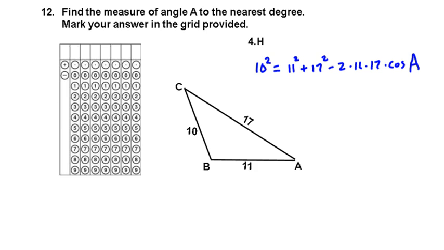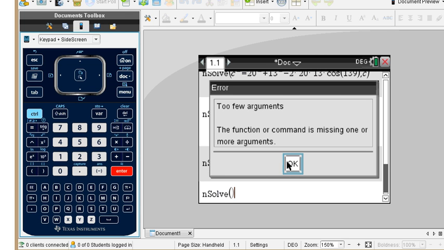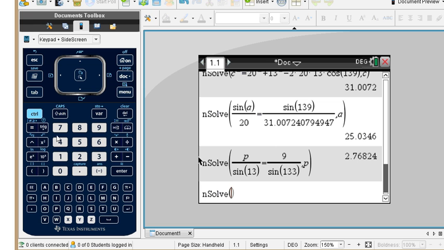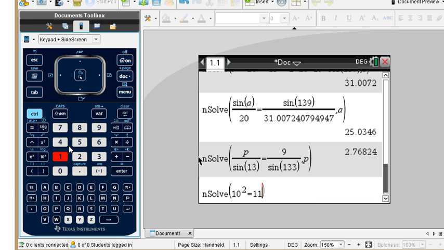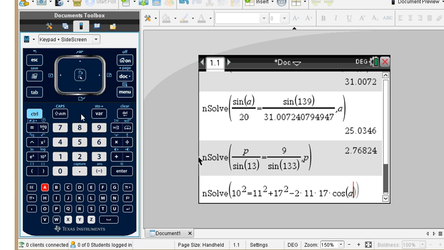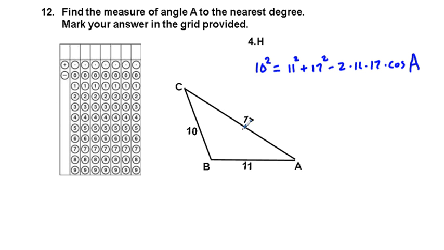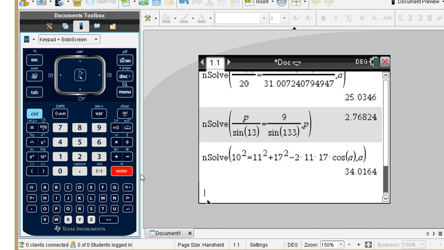But we'll just go to our calculator and put in menu 3.1, numerical solve, and we have here 10 squared is equal to 11 squared plus 17 squared minus 2 times 11 times 17 times the cosine of angle A. And we go here and put in comma A and just checking to be sure. 10, 11, 17, no, that's good. We get 34.0164.